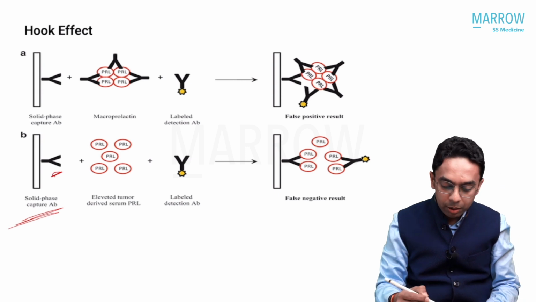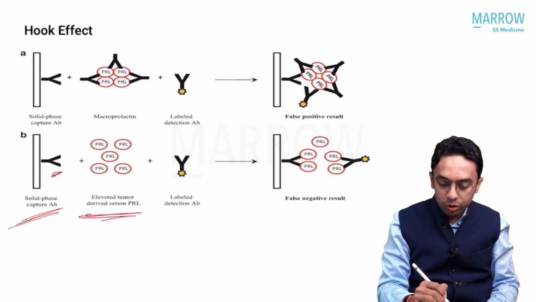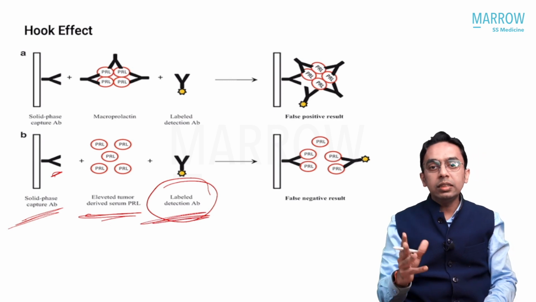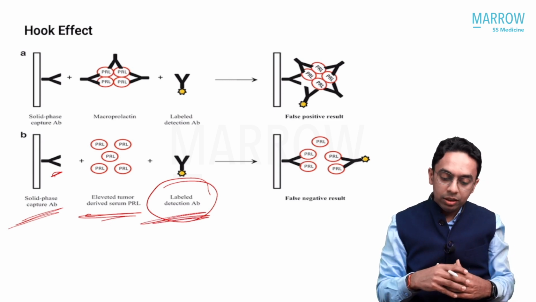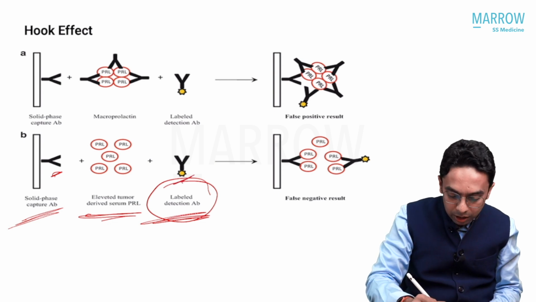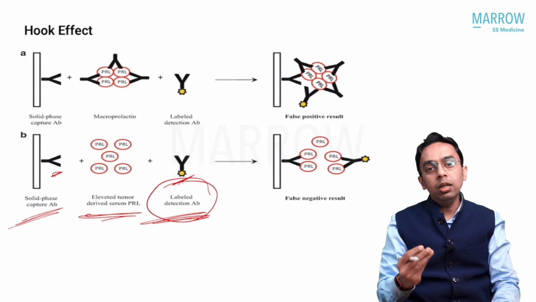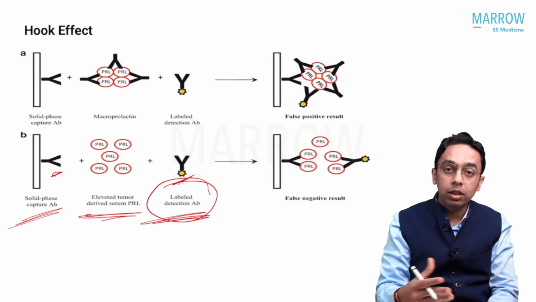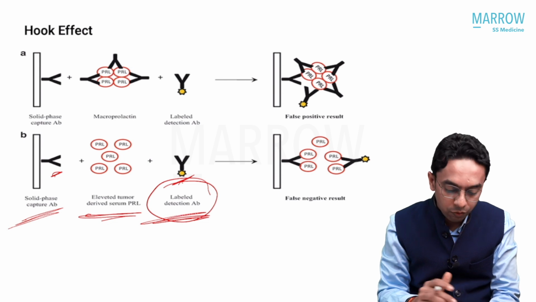That is the capture antibody. This is what you want to detect, the antigen. And then there is a labeled antibody. This antibody will form a sandwich with this antigen, and this is labeled with some detection marker which we use to pick up the concentration of that antigen.